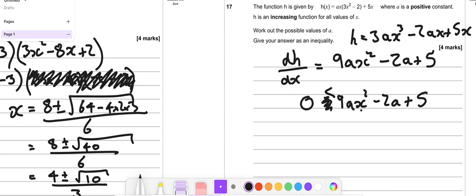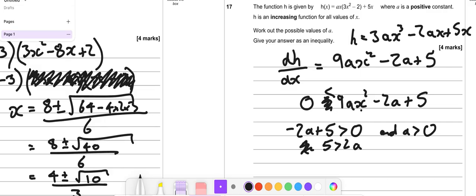So as long as a is bigger than 0 and minus 2a plus 5 is bigger than 0, then it definitely will. So that's 5 is bigger than 2a.